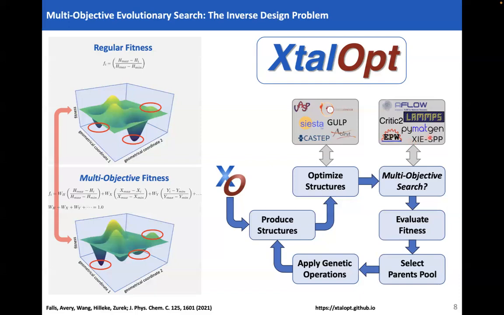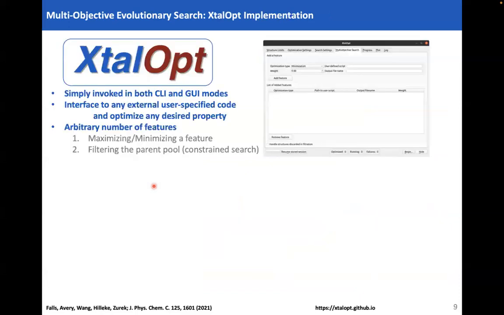But the bottom line is that right now, Xtlopt is able to work with any external code to read in the properties which are calculated by them and merge them into the evolutionary search in order to find functional materials. Before briefly mentioning the examples, let me say a few words about Xtlopt and the recent development. The multi-objective search functionality is available in both the command line and graphical user interface of Xtlopt.